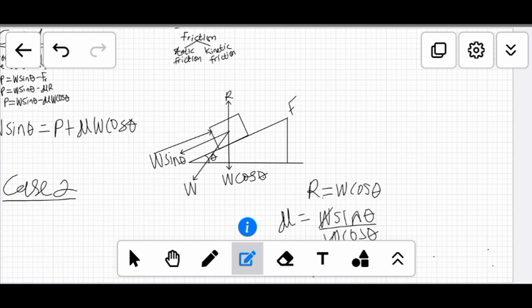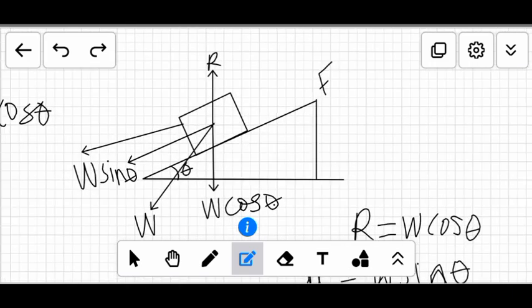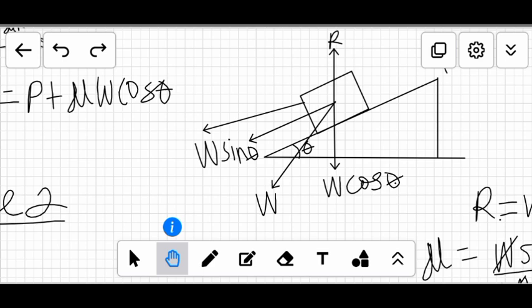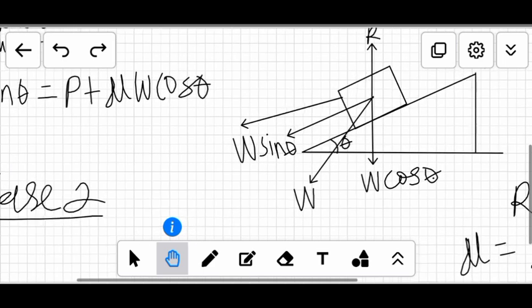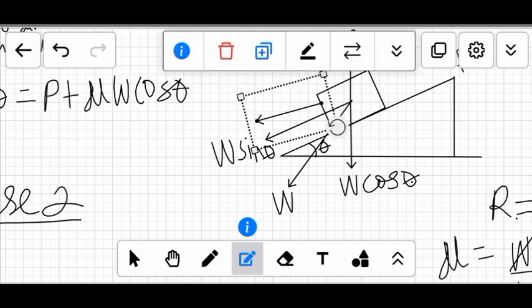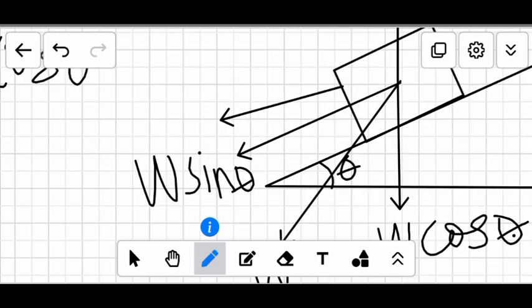So in this case now we have two forces acting if the body is meant to ascend. So frictional force begins to act in this direction. So this is frictional force Fr, and the frictional force is now acting opposite to the force that is dragging it up.